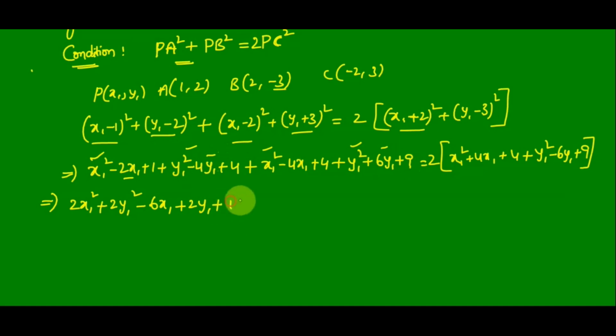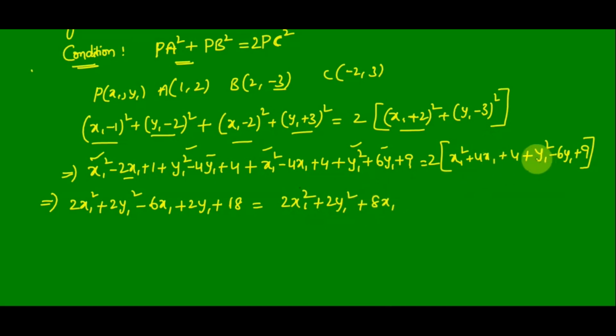So the total is 18. This will be equal to, on the right hand side, if you open the brackets, 2x1 square plus 2y1 square. Then 2 4s are plus 8x1.